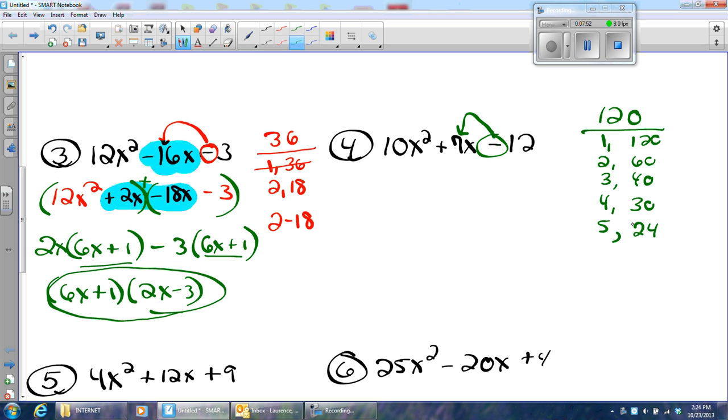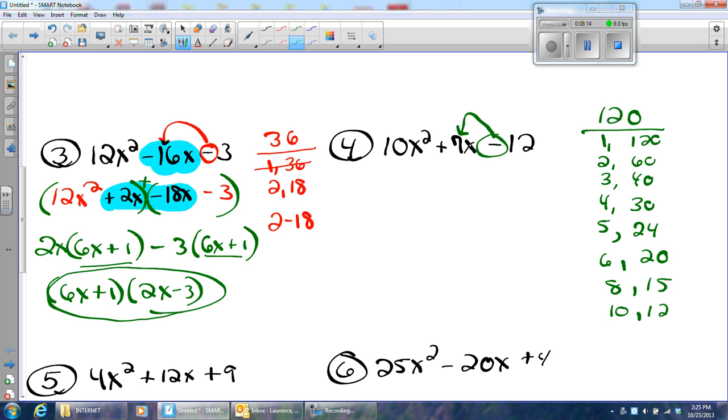Sorry about that. Let's see here. 6 and 20. Okay, I don't think 7's going in. No, 8 should go in. 8 and 15, which I already said. 9's not going to go in. 10's going to go in 12 times, and 11 won't go in. Okay, I don't really want to go through and check all those.